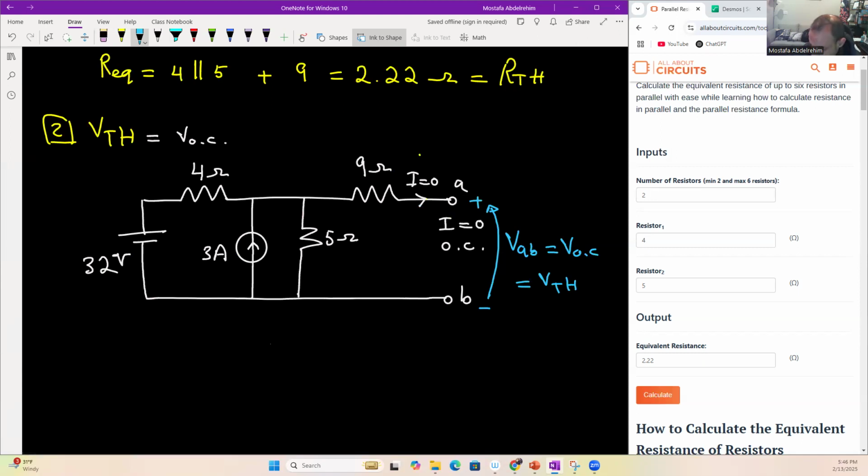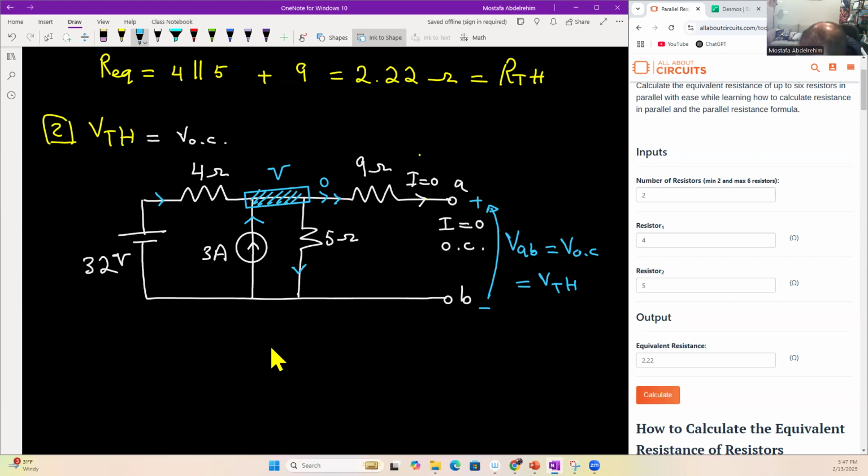So there is zero here because we assumed it's open circuit. Let's assume the voltage at that point is V, and apply KCL, Kirchhoff's current law. We have a current going in here, and this 3 ampere current is going in as well. Let's assume the current here is going out, and the current here going out is equal to 0.